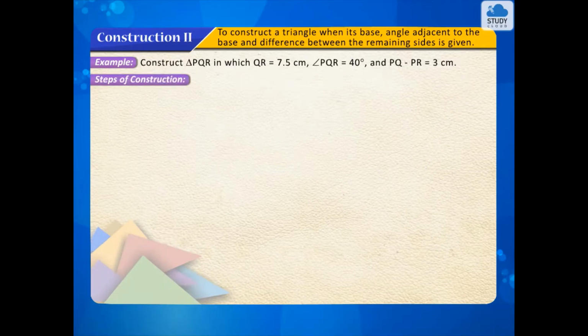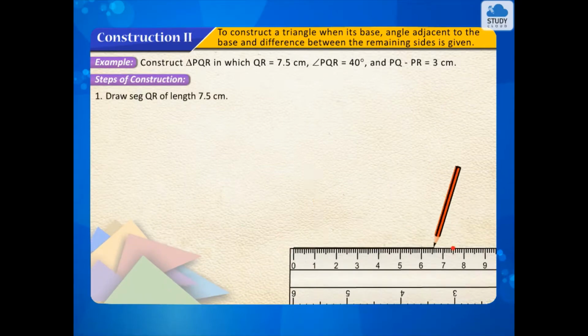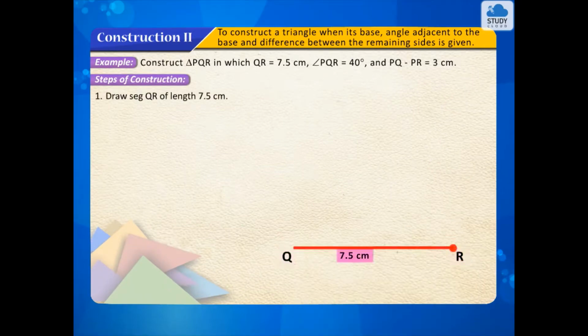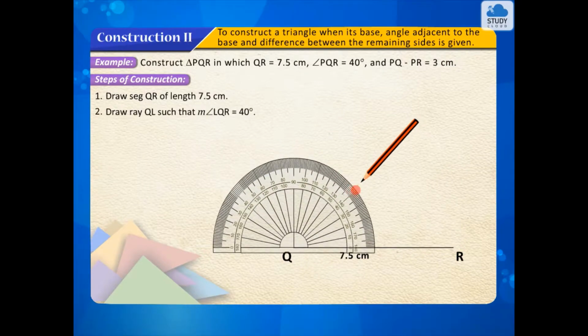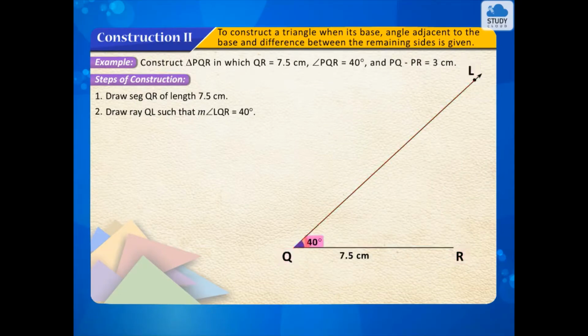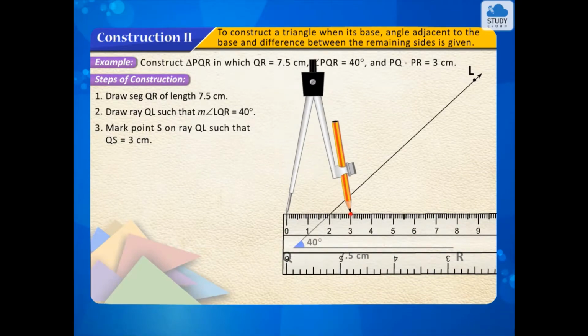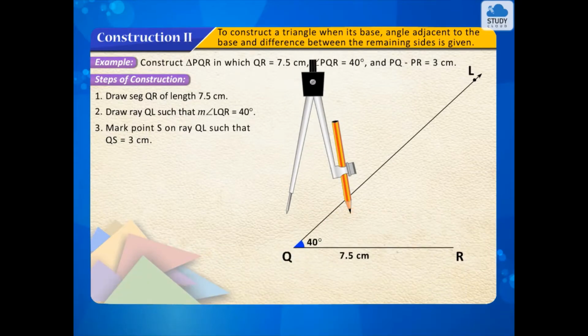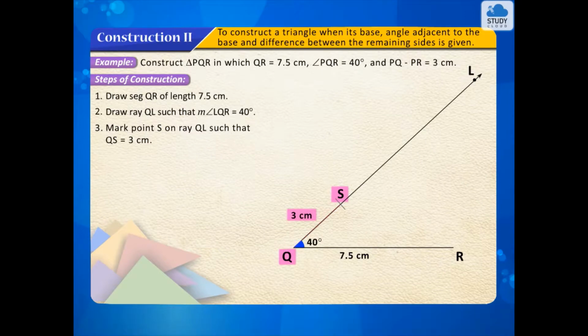Steps of construction. 1. Draw segment QR of length 7.5 cm. 2. Draw ray QL such that measure of angle LQR is equal to 40 degrees. 3. Take point S on ray QL such that segment QS is equal to 3 cm. 4.